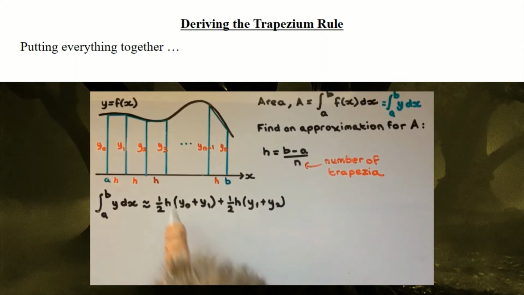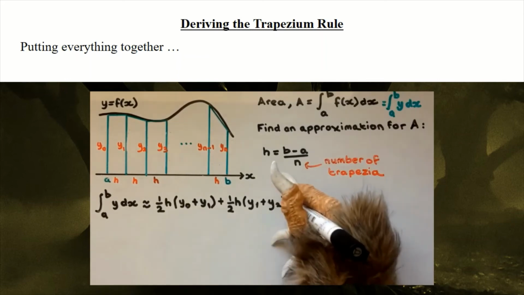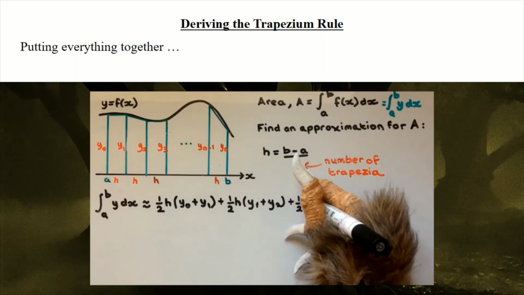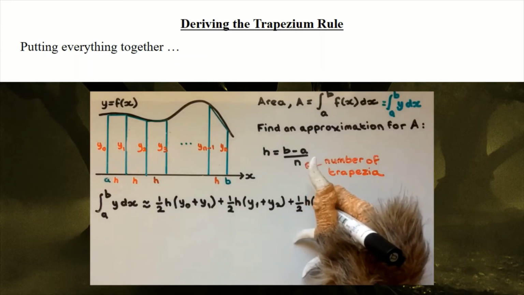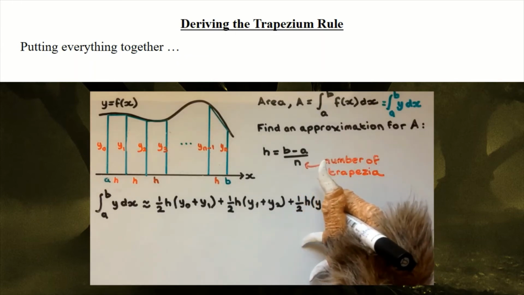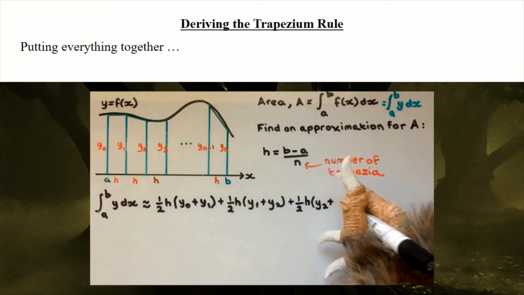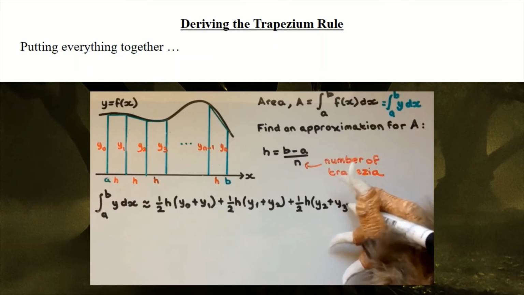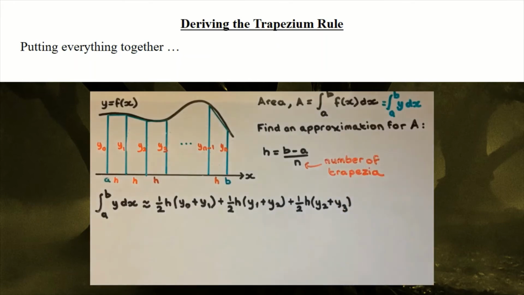Okay, let's move on. Then we have trapezium number 3. So it's going to be plus 1/2 of h of y2 plus y3, close the bracket.